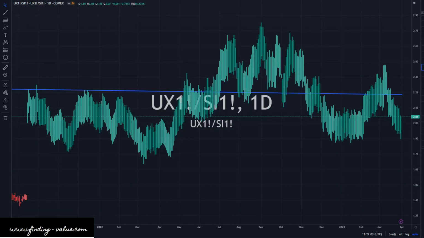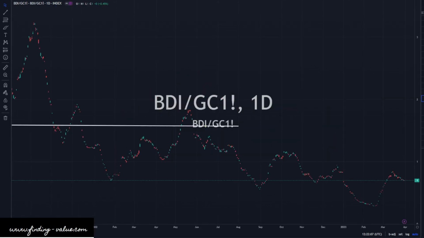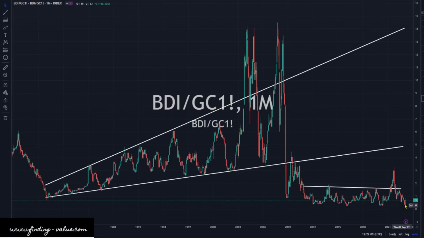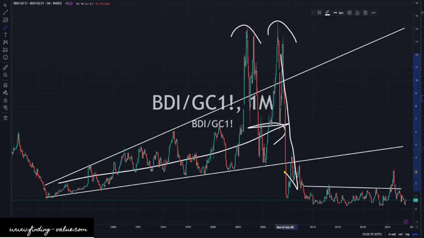And then I don't want to go over these because they don't look all that hot, but let's do Baltic Dry Index to gold. Baltic Dry Index to gold is still incredibly cheap. We had a period where Baltic Dry Index outperformed gold. We had a period where we had a double top. We came down into the valley of just getting crushed. Went sideways.